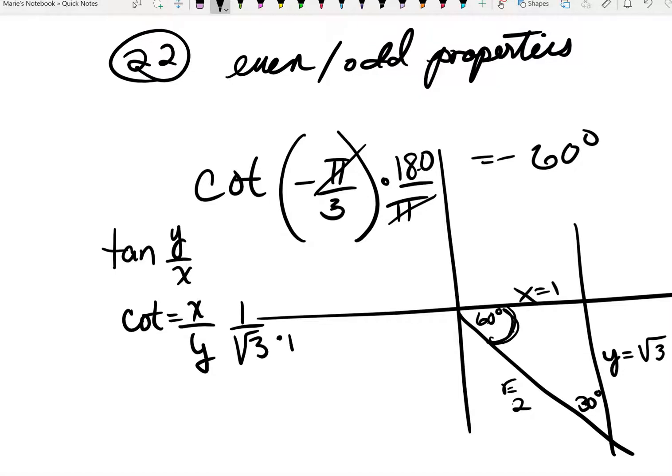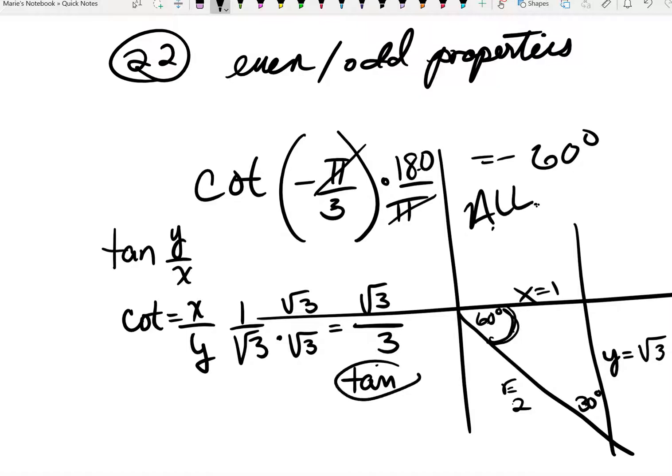I would have to change this by rationalizing. I end up with square root of 3 over 3. And because remember, tan, all, as in tan, is also positive here. These are the only two quadrants where tan is a plus. So whatever I get here has to be negative. So negative square root of 3 over 3 for this one.